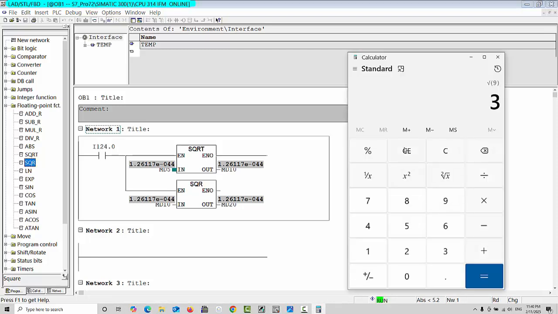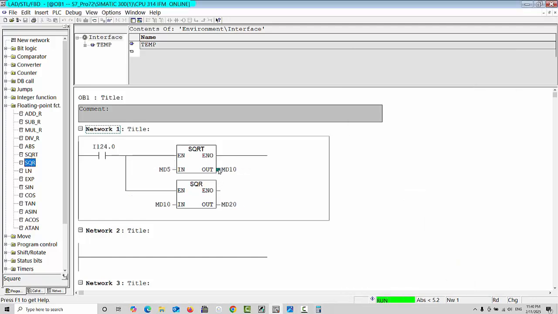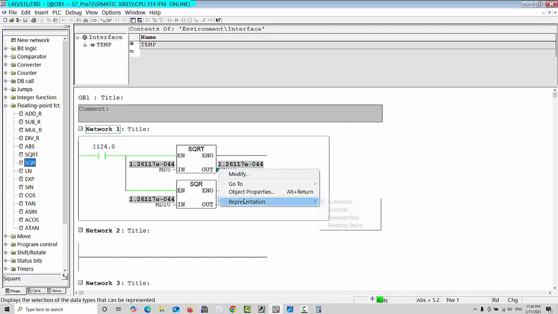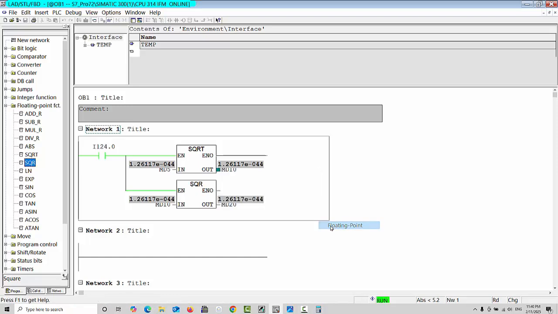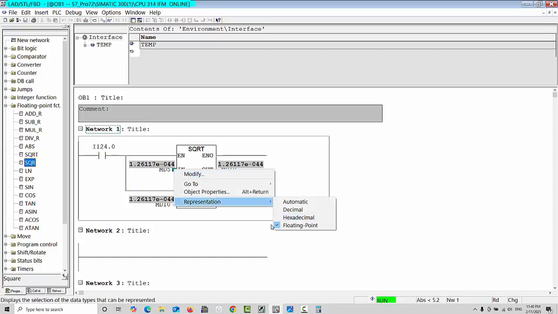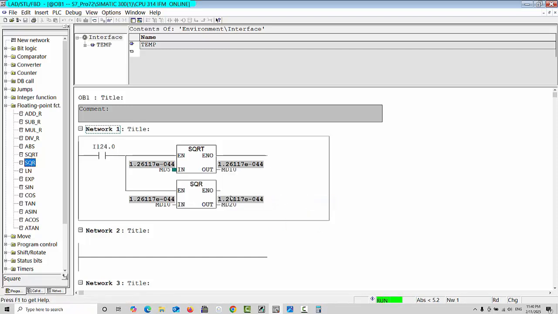The square root of 9 is 3. This is floating point, which looks like 3, and here there is a decimal 9.